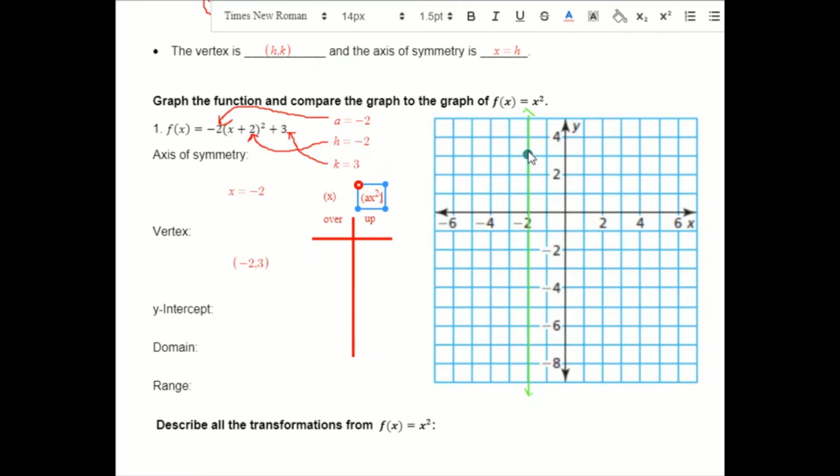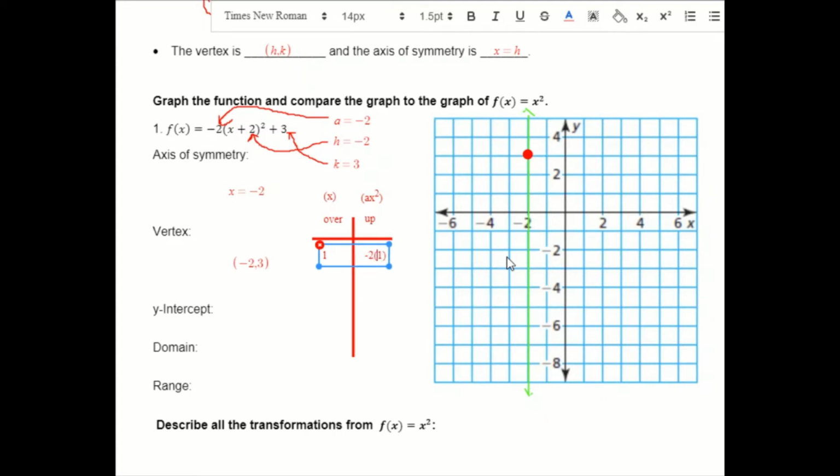Starting from the vertex, if I go over 1, then I'm going to go up 1 times x squared, or 1 times 1 squared. No, I'm sorry. My a value is -2.